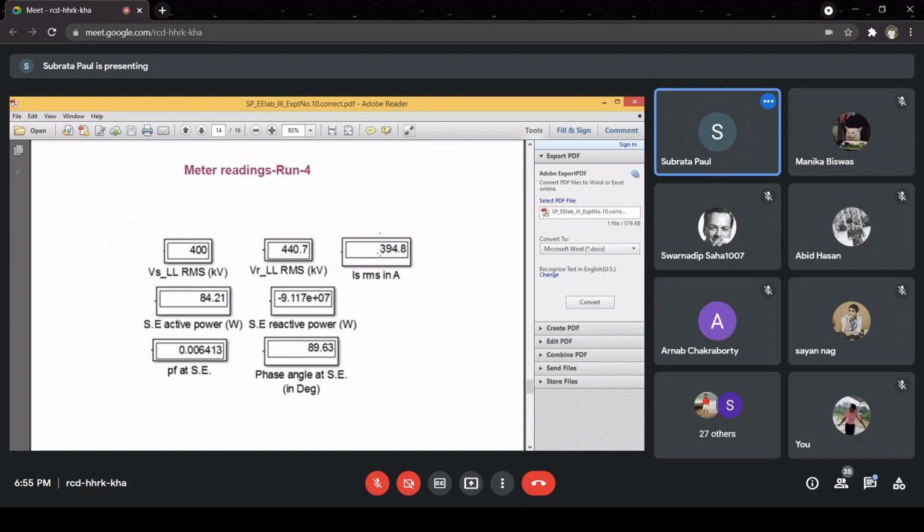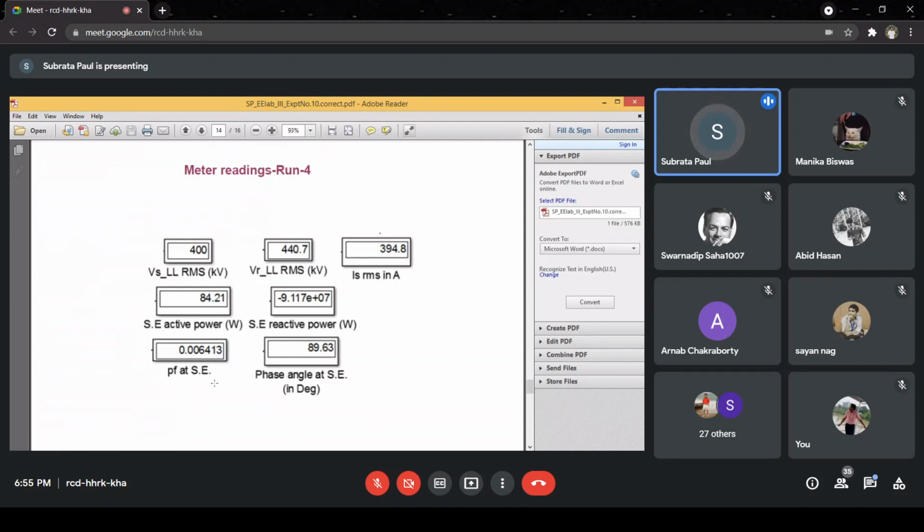Current is much smaller at no load condition. Sending end active power is this much watt. These are almost zero. This should be zero for a lossless line. Because of simulation and numerical limitations, we haven't obtained exactly zero, but they are almost zero.